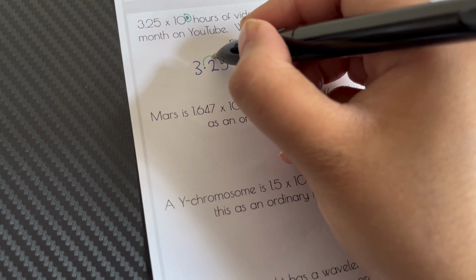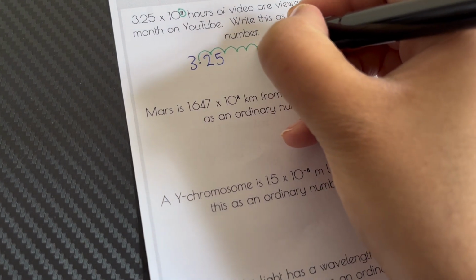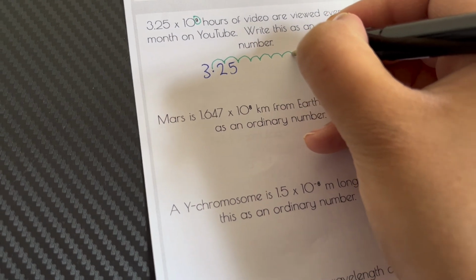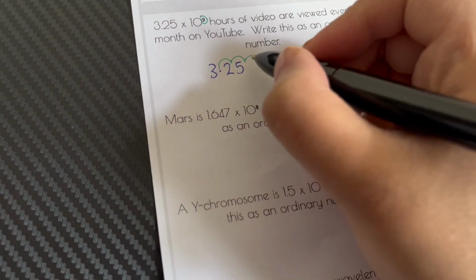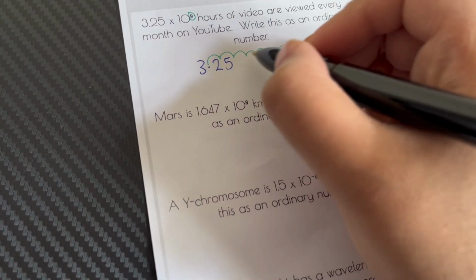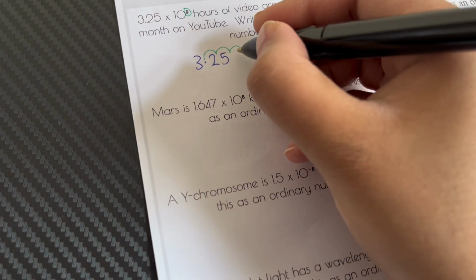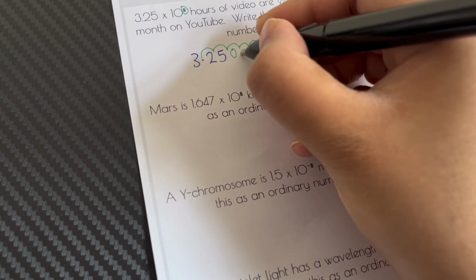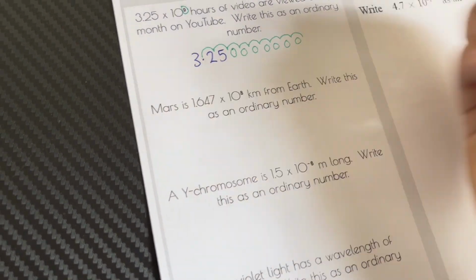So we've got 1, 2, 3, 4, 5, 6, 7, 8 and 9. So these jumps are already covered by 2 and 5. The ones that are empty, we're just going to fill them in with zeros. So we've got 1, 2, 3, 4, 5, 6 and 7 zeros.